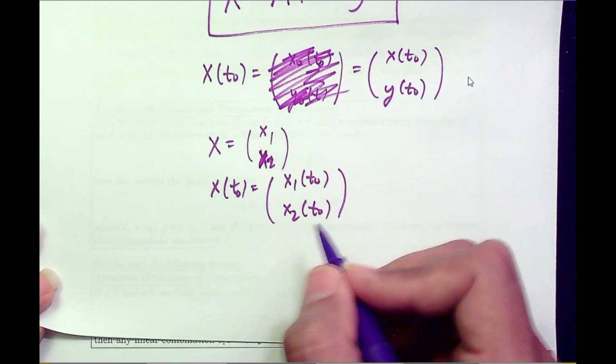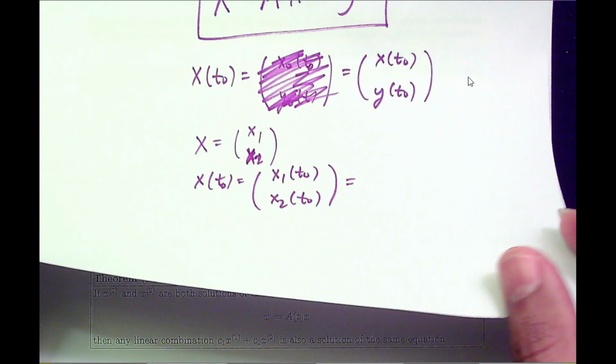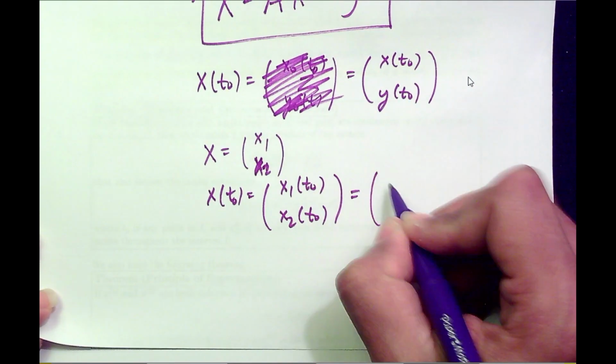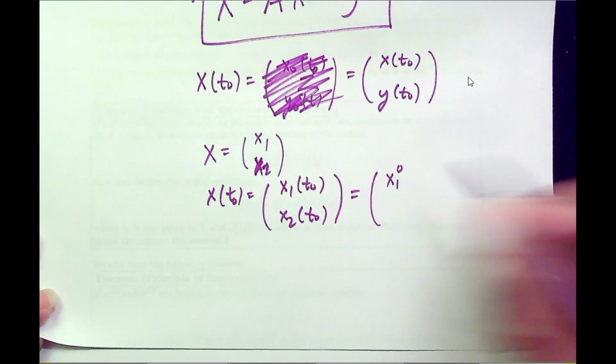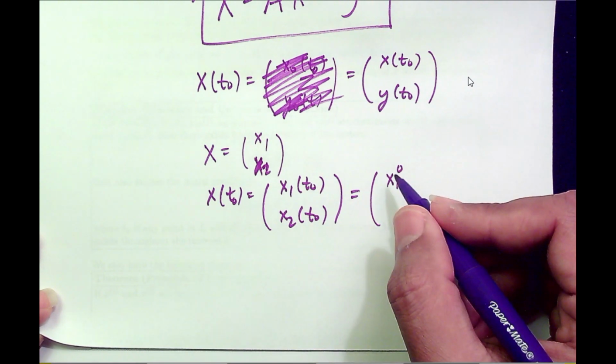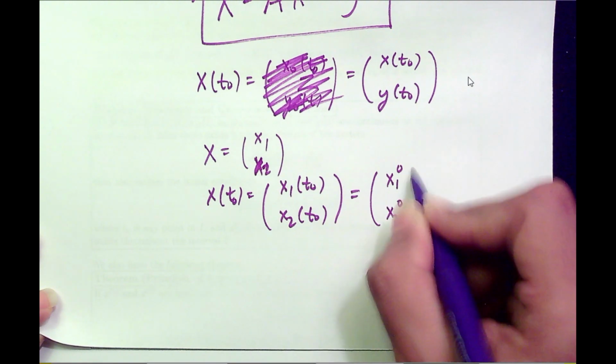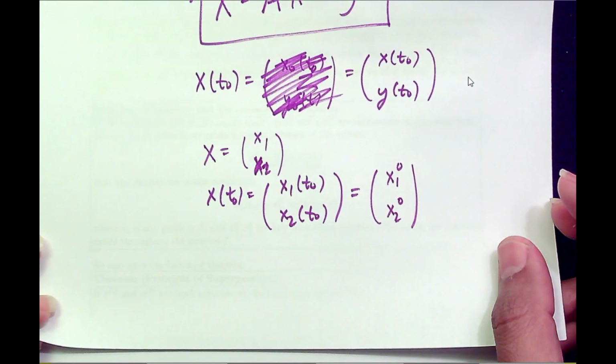So you need to know what this is. And then the notation they use in the book is x1 superscript 0, and that's not an exponent, okay, this is superscript, and then x2 superscript 0. Okay, why they use that notation, I don't know. That's the book's notation.